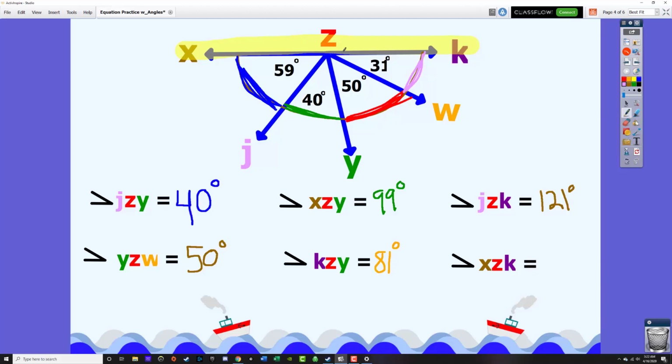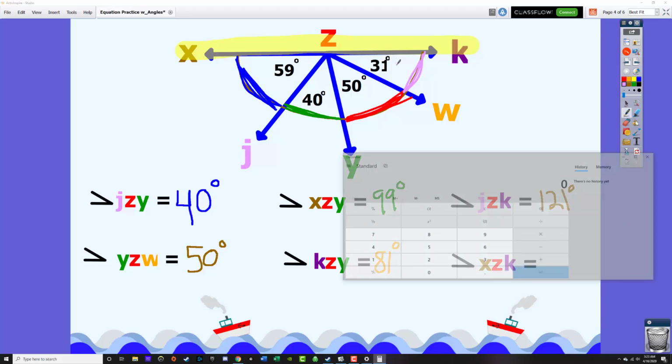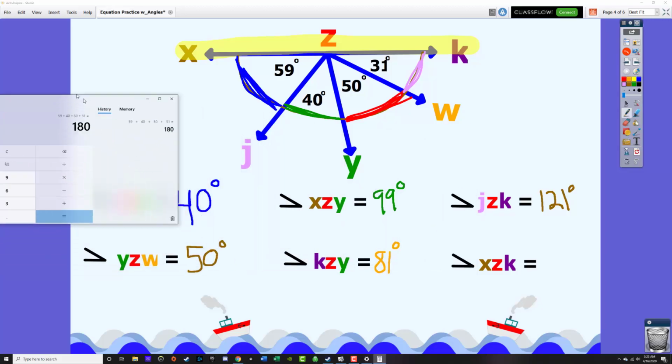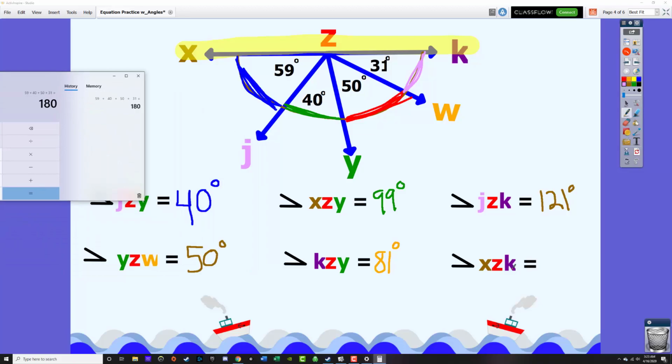So if we want the measure of angle XZK, we're going to have to add all of these together. 59 plus 40 plus 50 plus 31, I believe, is 180. So 59 plus 40 plus 50 plus 31 is equal to 180 degrees.